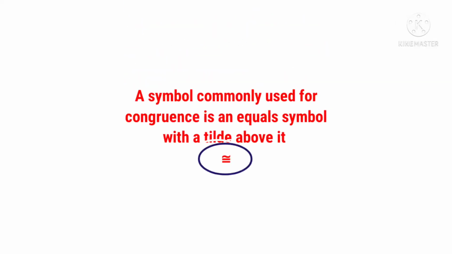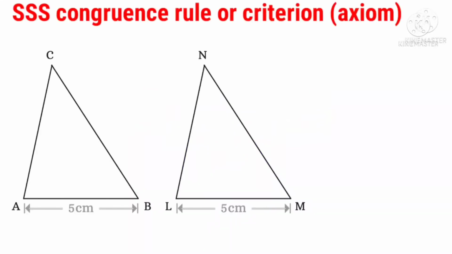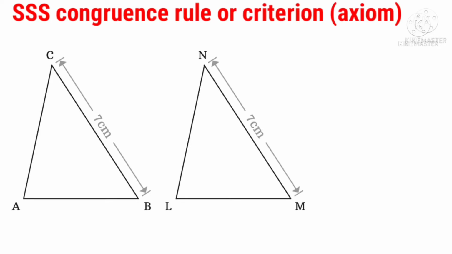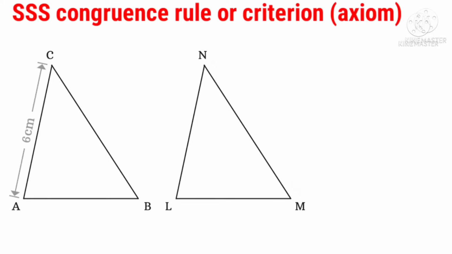Here, this symbol is called the congruence symbol. The three sides of one triangle are equal to the corresponding three sides of another triangle.